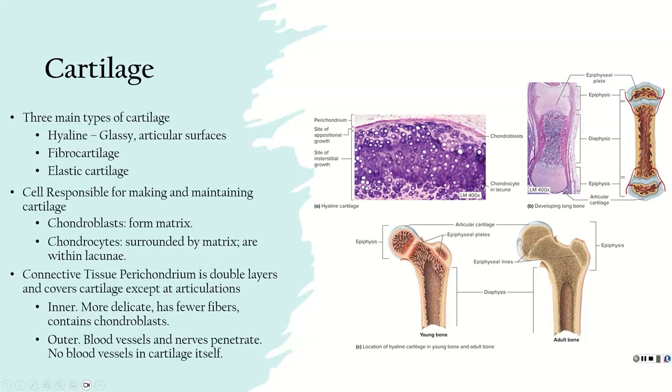And then there's an outer layer where you'll have blood vessels and nerves potentially that could penetrate a little bit. You're not going to have blood vessels inside the cartilage itself. It's just going to be a little bit inside of it, like on the surface, right? Because you need to get close enough for the diffusion, but you're not going to have true blood vessels inside of the cartilage itself.